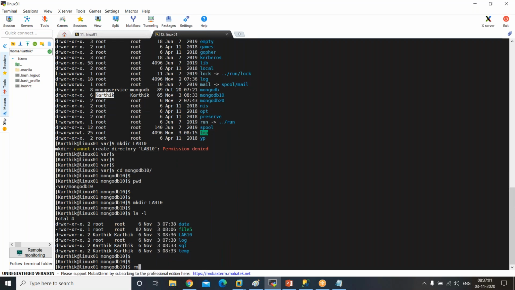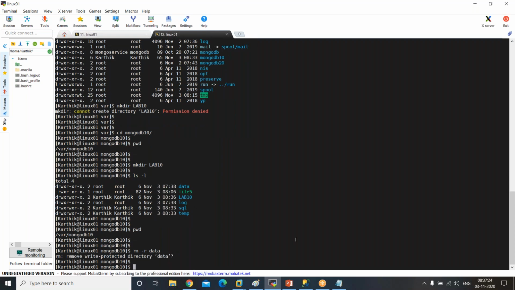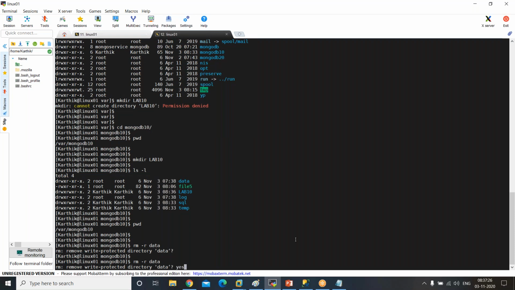If you want to remove a directory, see, this directory is not owned by him. I am inside MongoDB 10 only, right? If I want to delete this directory, rm -r data. I need to give a yes, come on, yes.